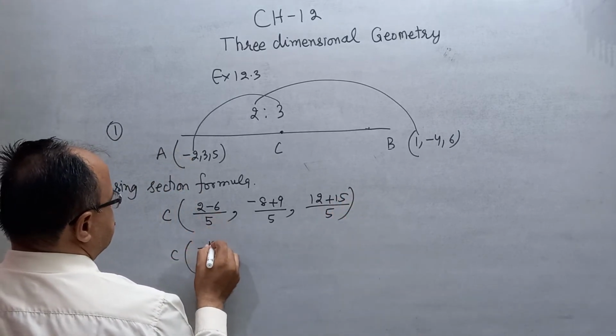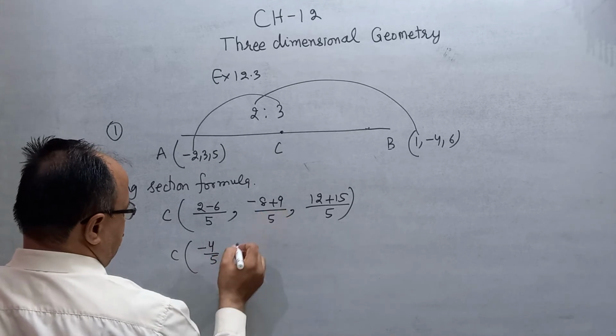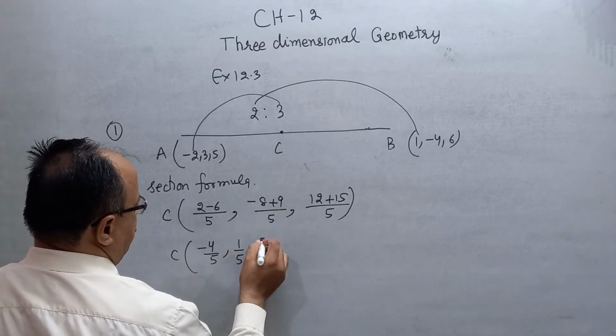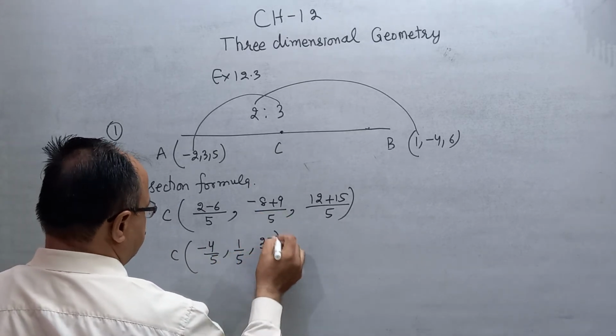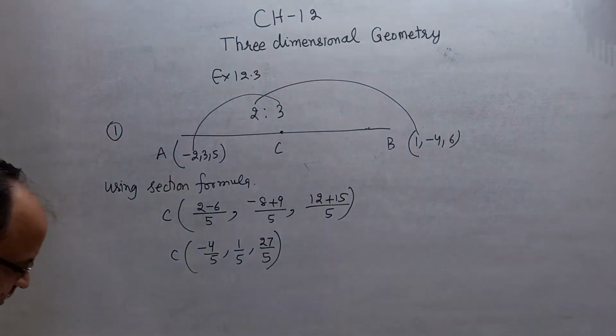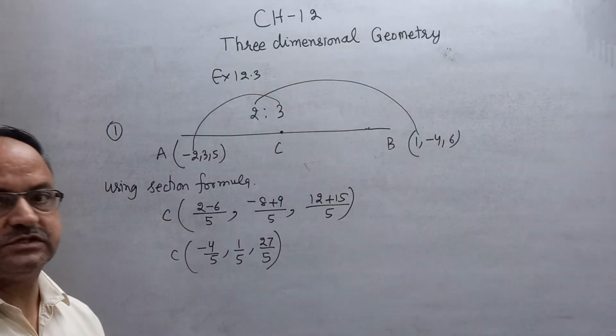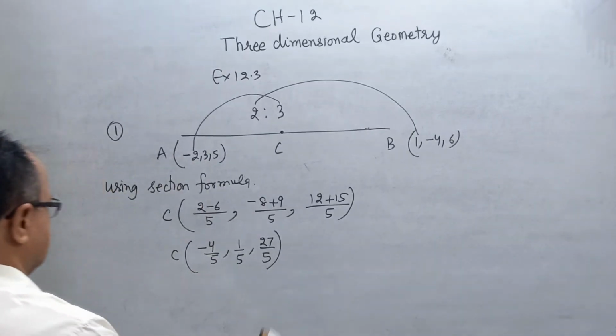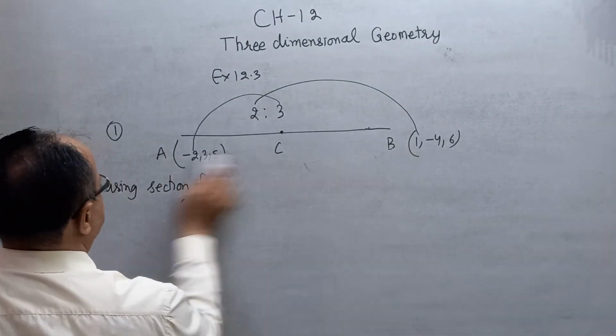You know that it is minus 4 by 5, here 1 by 5, and here 27 by 5. This is the question related to exercise 12.3.